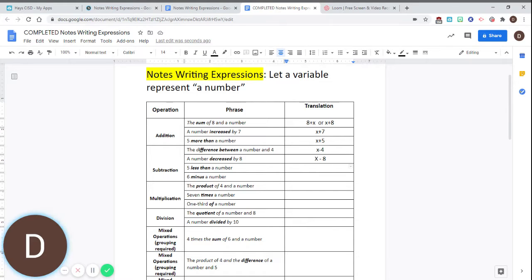This one's kind of backwards, because we want to have a number and then 5 less than it. So we want to take 5 away from that number. 6 minus a number. Now this one's giving us the direct order: 6 minus, aka subtract, a number. So 6 minus a number, which I'm just going to write as x.